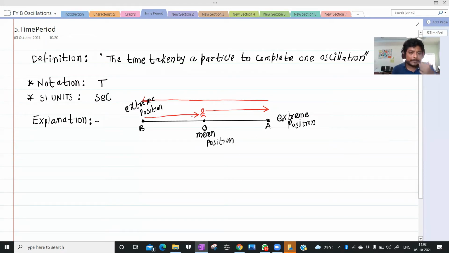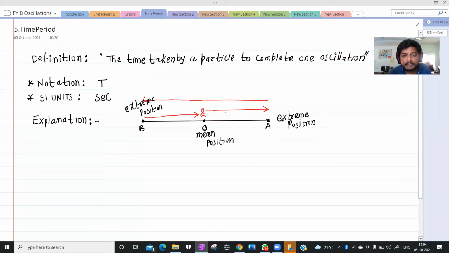Now, the time taken to go from O to A, then A to O, O to B, and then B to O, is called one complete oscillation.